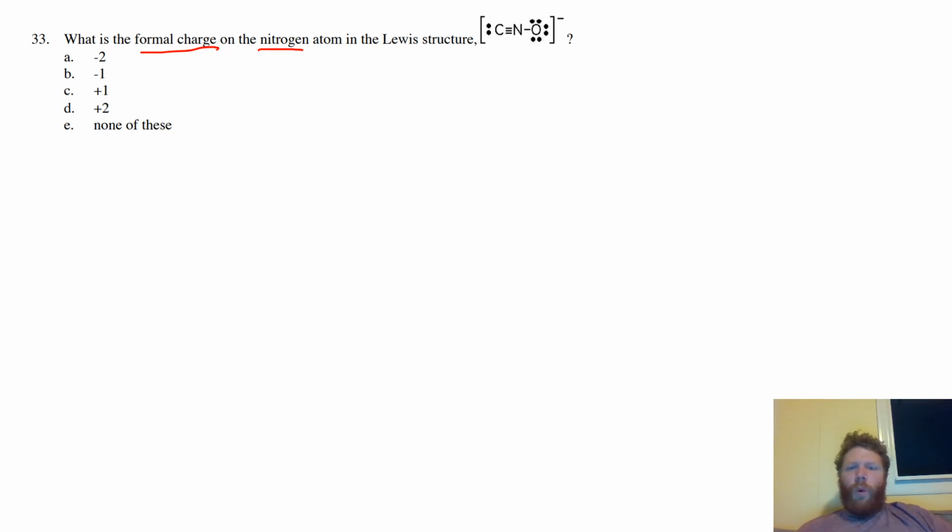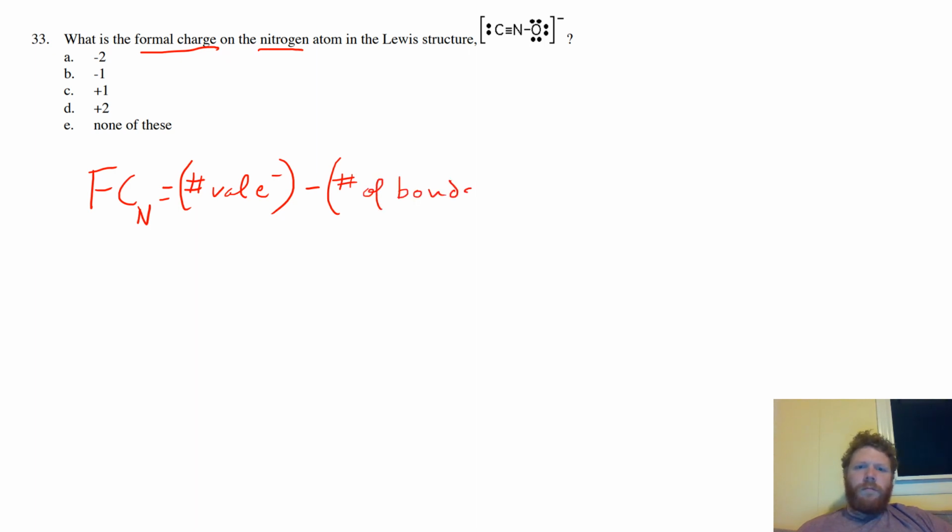What's important for this practice problem is simply the formula: FC sub N, indicating our nitrogen, is equal to the number of valence electrons minus our number of bonds minus our number of non-bonded electrons.